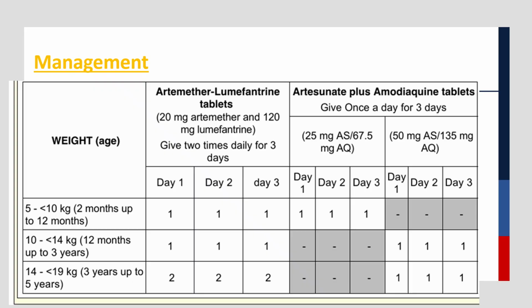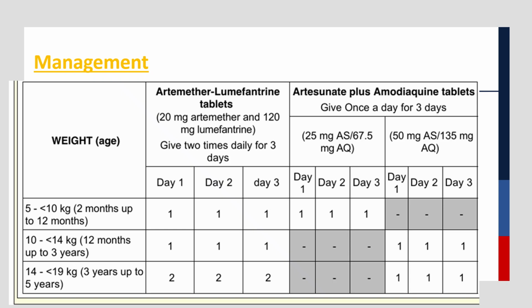So what is the first line drug for management of malaria? You can give either artemether or lumefantrine, which is the drug of choice. You can also give them artesunate plus amodiaquine. Here the table shows how many tablets you can give to a child.